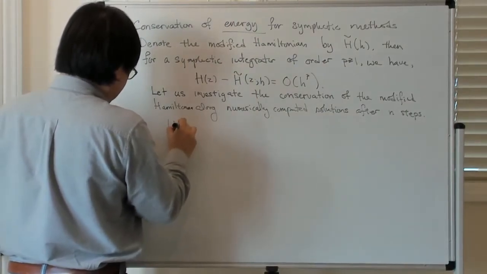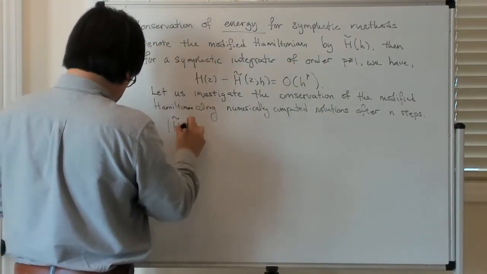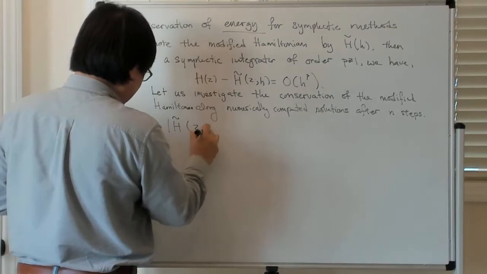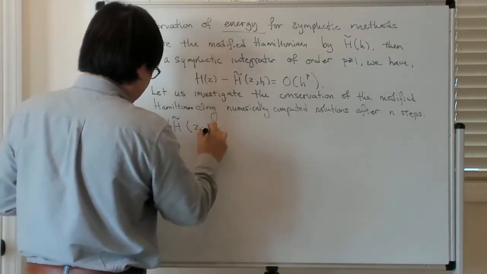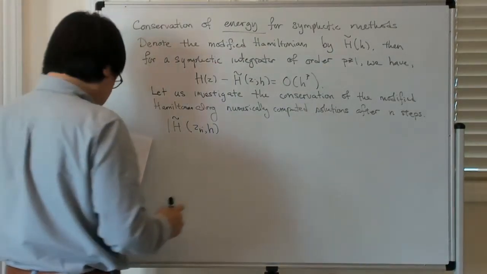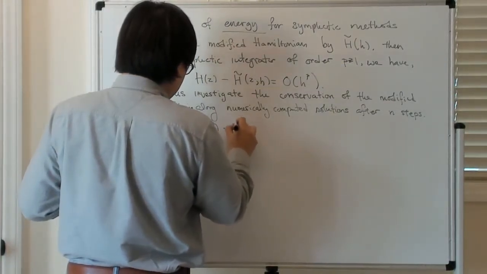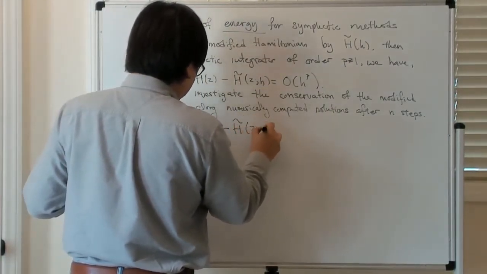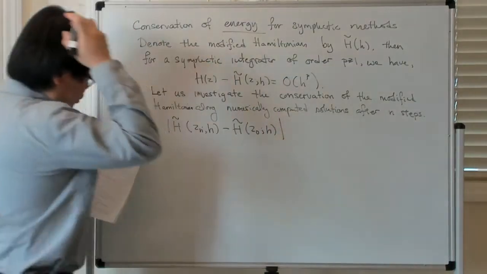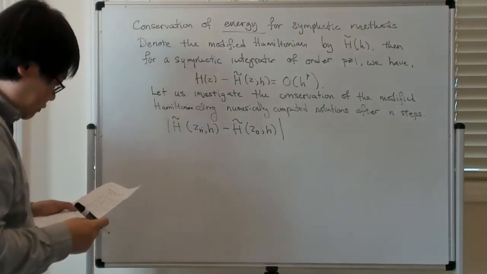All right, so you look at the modified Hamiltonian evaluated at this time n. Again, the modified Hamiltonian depends on the time step h, and you want to look at the difference between that and the modified Hamiltonian at the initial data. So that's what you're trying to estimate.